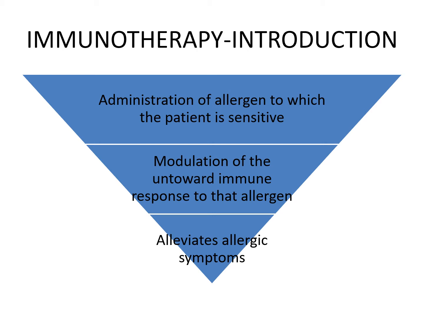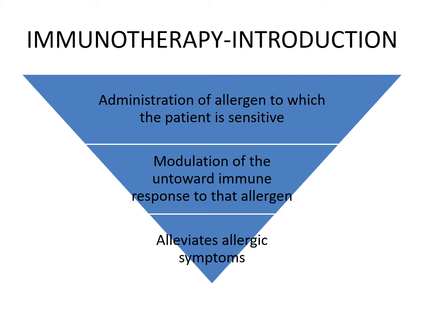So basically, what is immunotherapy? Here we are going to administer allergen to which the patient is sensitive. So why are we going to inject allergens when we already know that the patient is sensitive to that and is at risk for developing a reaction to that?